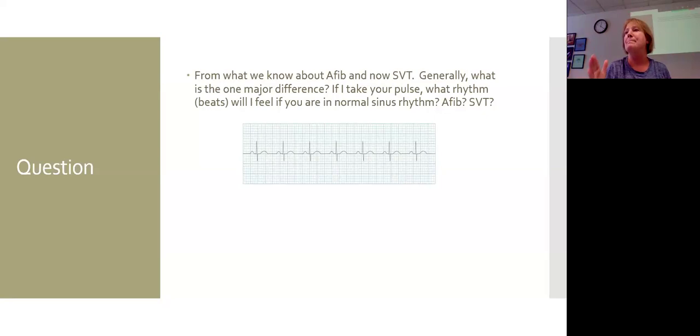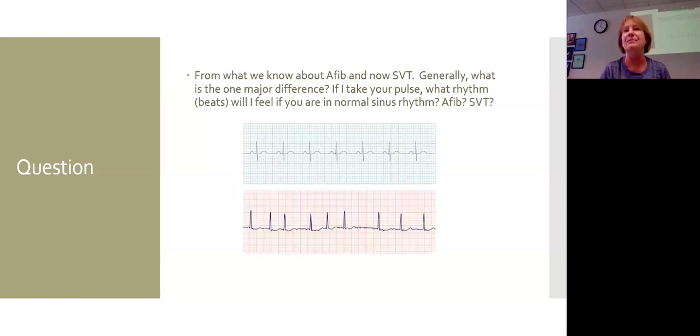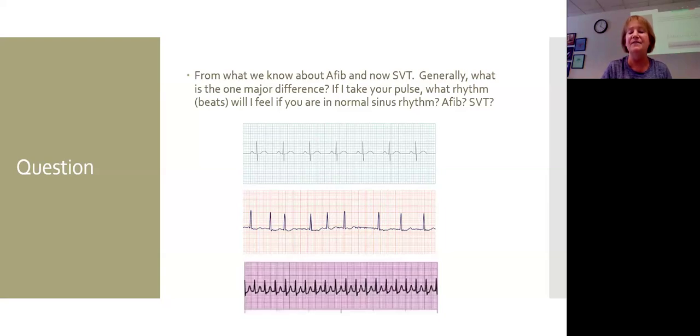Yeah, bump, bump, bump, bump, bump. Now, what would I hear or feel if you were in AFib? Heartbeat from 150 to 250. But what would I feel or hear? Fast. All over the place. And what if it was in SVT?